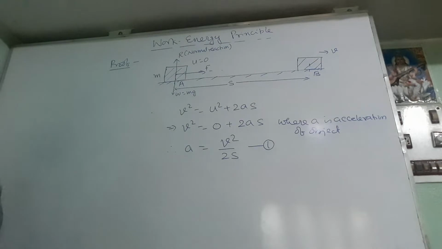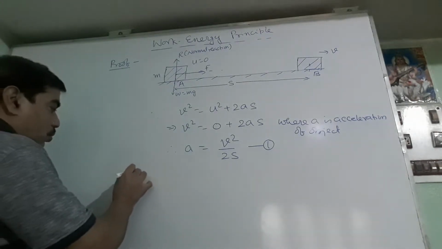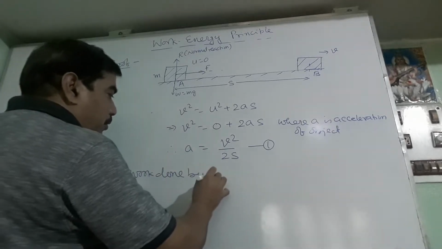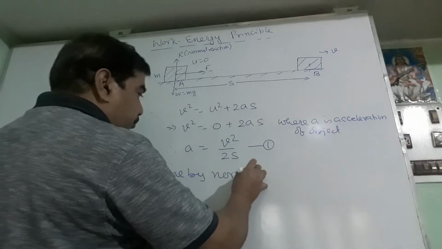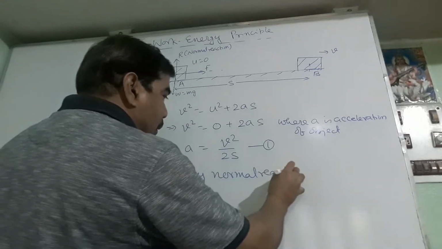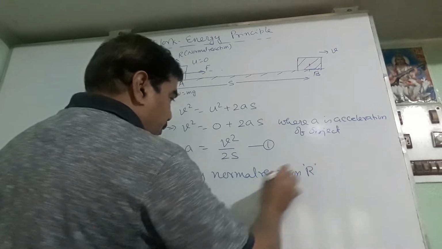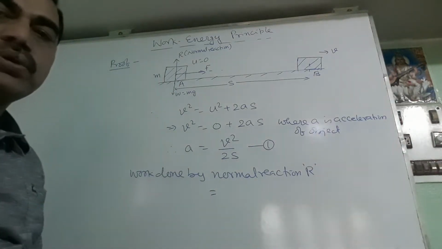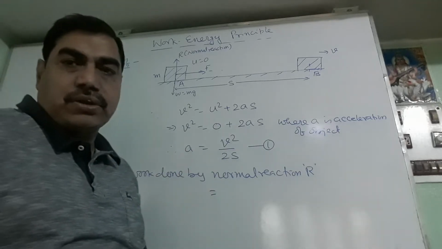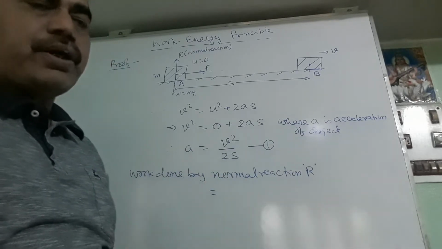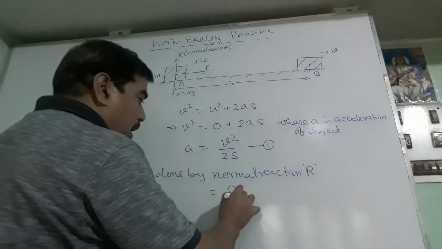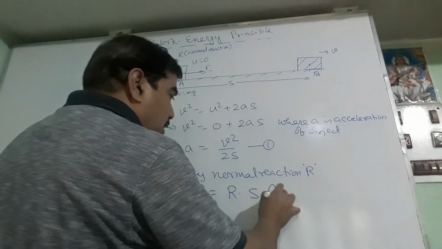Now we are finding the work done by all the three forces. So work done by normal reaction. What will it be? Work done is given by force into displacement into cos theta, that is, force into displacement into cos of the angle between force and displacement. So here it is R s cos theta.